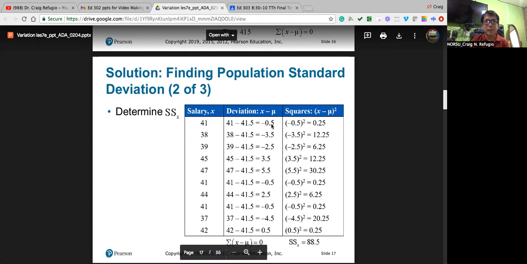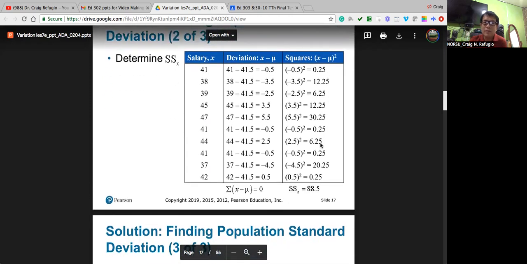It is negative 0.5 to the second, or negative 0.5 times negative 0.5, so 0.25. Negative 3.5 to the second, or negative 3.5 times negative 3.5, so 12.25. Then so forth and so on up to 0.5 raised to the second, or 0.5 times 0.5, which gives you 0.25.